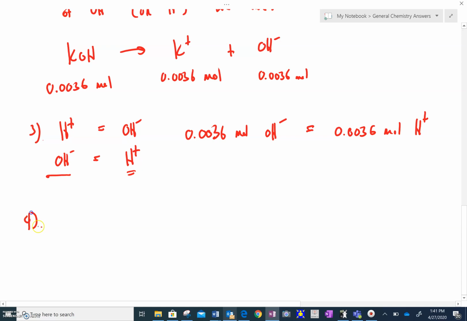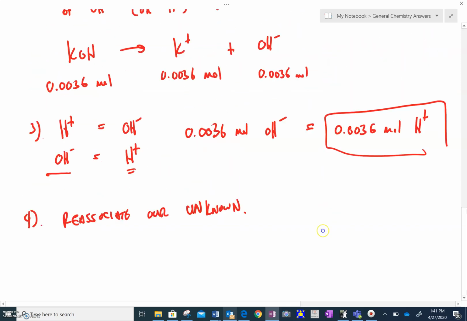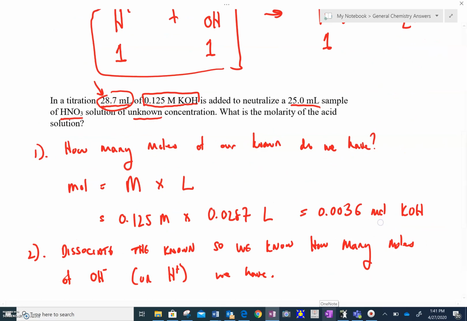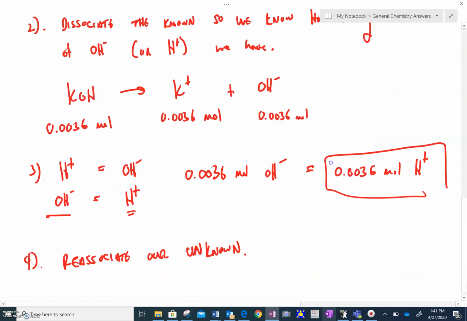What we're going to do is take this. We just found out how many moles of our unknown we need. We're going to reassociate our known. This is our unknown. This is something that we've also done before, but we didn't call it this when we were doing this. So up here it says that we have an unknown of HNO3 and that we had 25 milliliters of it.